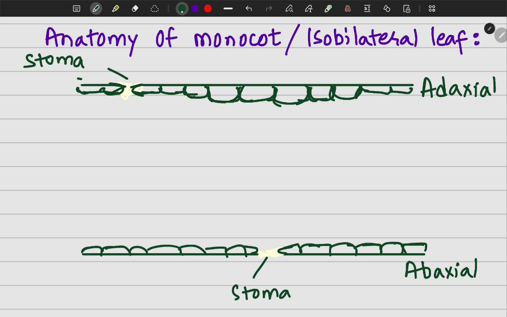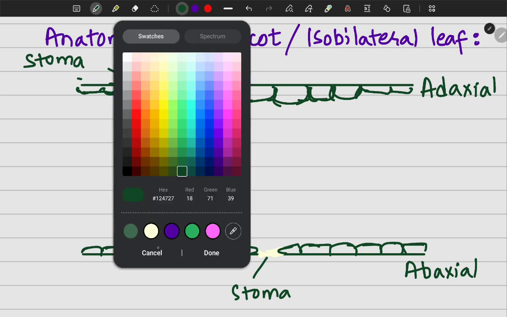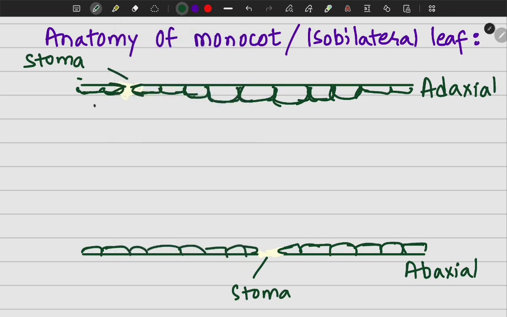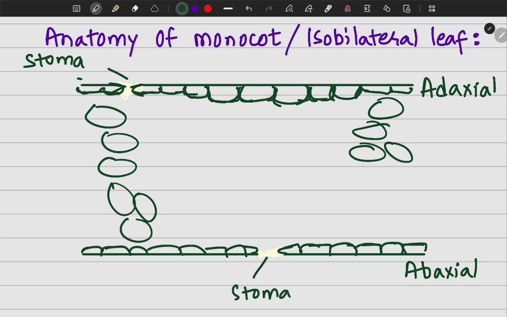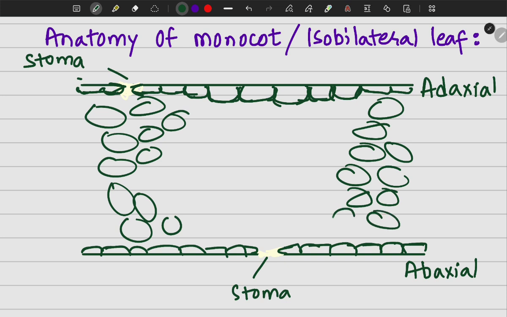The mesophyll will be only of one type. There will be no differentiation into palisade or spongy. So let us make mesophyll cells.